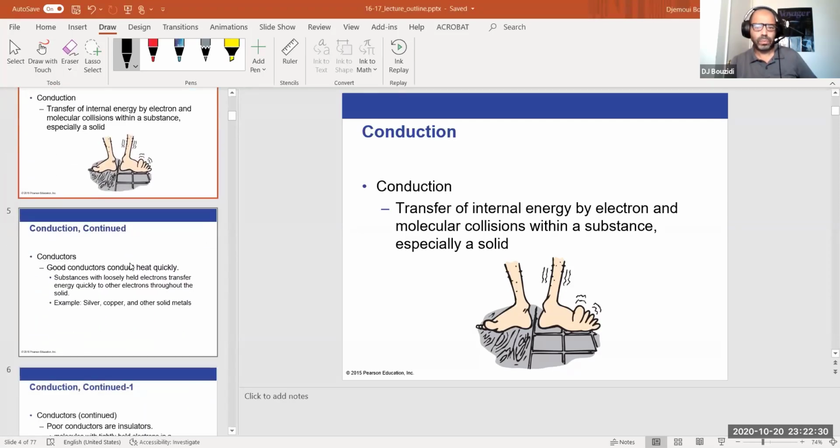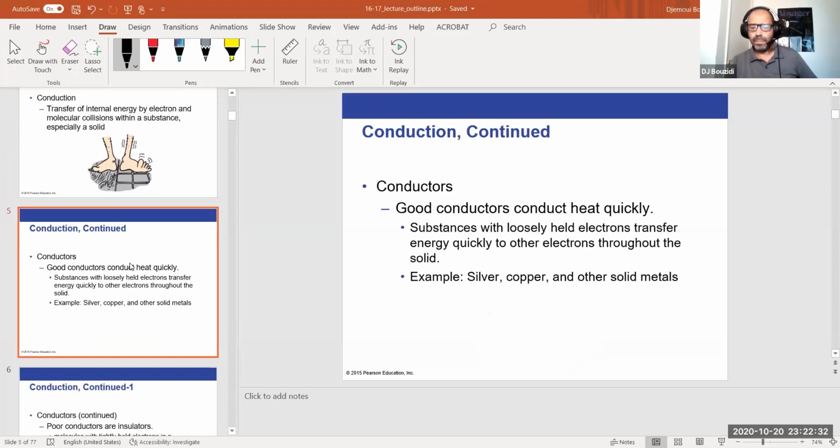So, good conductors conduct heat quickly. They include, for example, substances with loose electrons that transfer energy quickly to other electrons in the solid. Good conductors are silver, copper, and other solid metals. Gold is actually one of the best conductors, better than silver and copper. Copper is used in industry a lot because it's cheap.